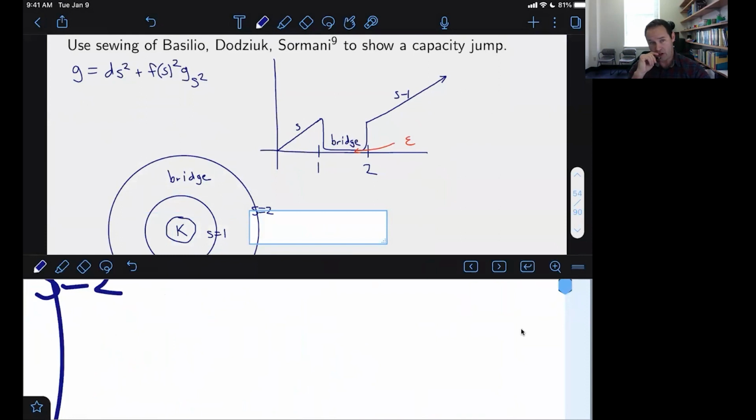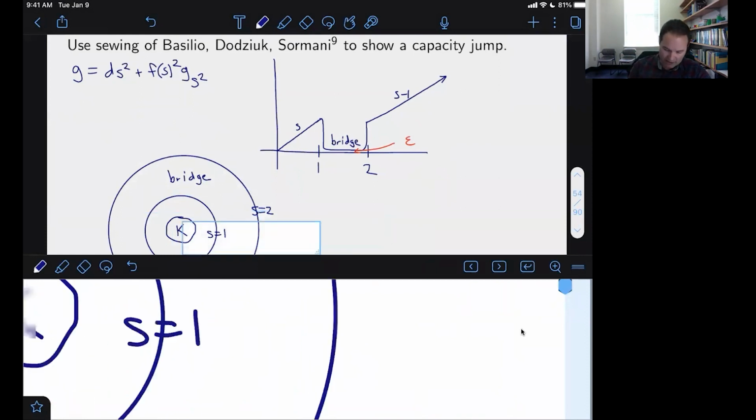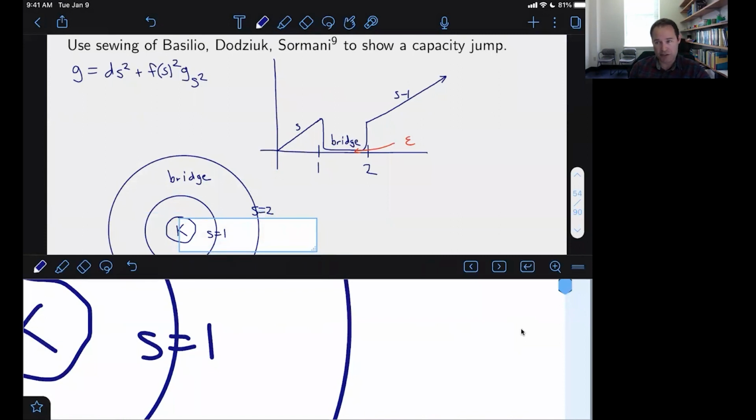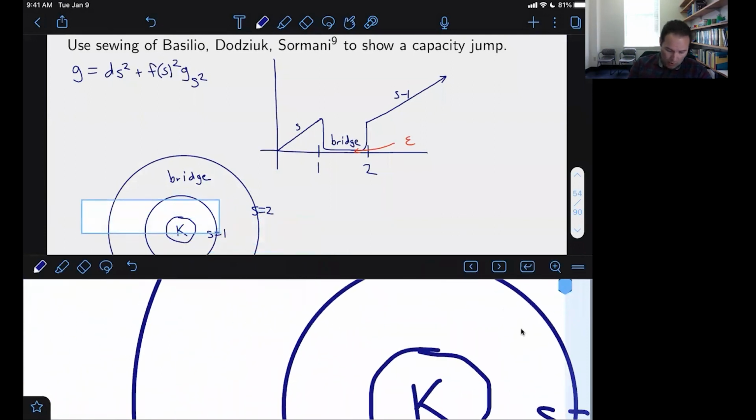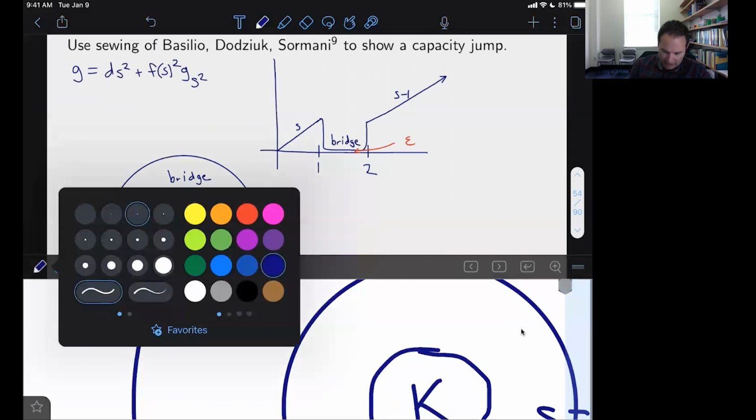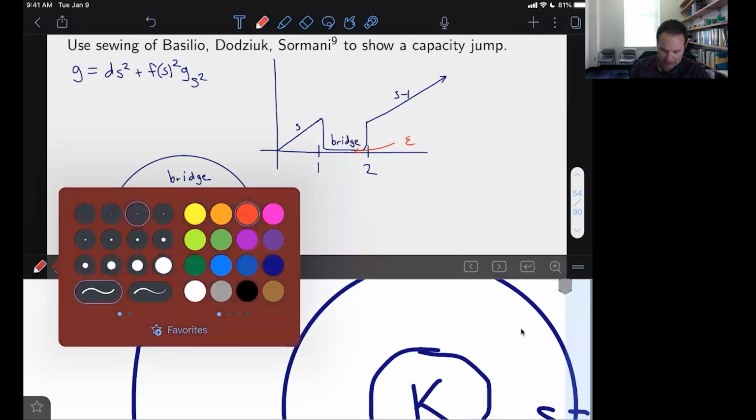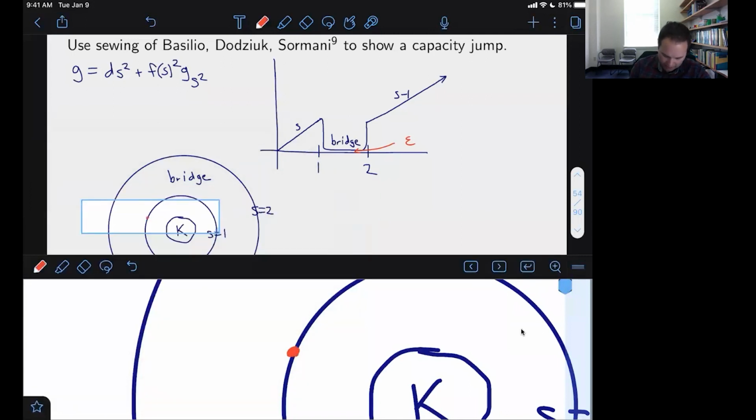Now this converges, but not to Euclidean space, because these two spheres s equals 1 and s equals 2 are separated by distance 1. So even though you have this collapse in the middle, the limit will be some disconnected space. But what you can do is bypass that bridge, and you can bring these two spheres at s equals 1 and s equals 2 closer and closer together.